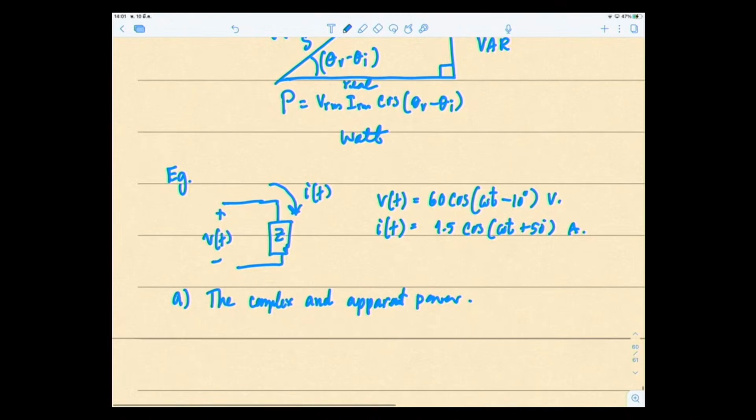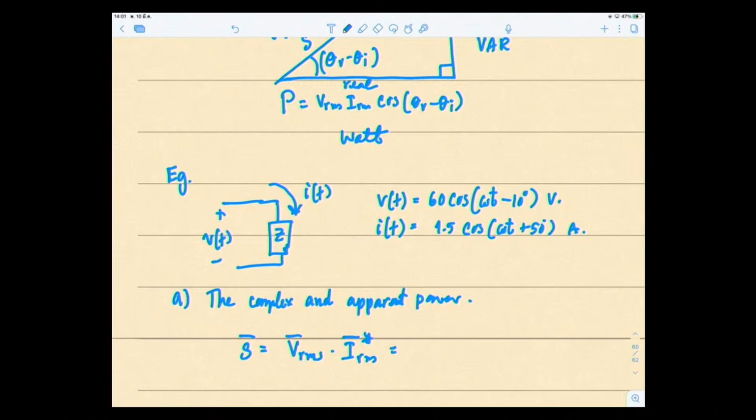So again, it's just a formula you have to remember and know. Complex power is the vector S, and the formula is phasor VRMS multiplied by IRMS conjugate.